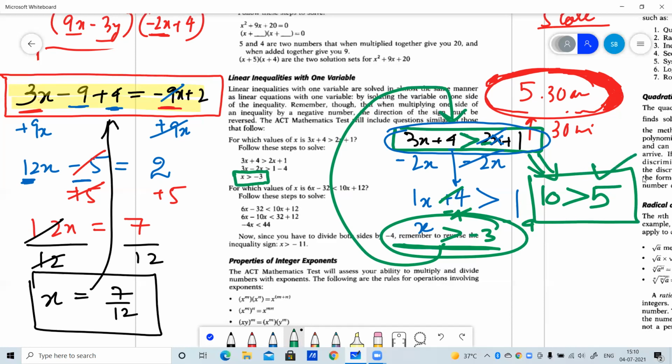Yes, that's right. Now, can you give me some number which is less than -3 and plug it in there? -4. So can you plug in -4 into this inequality and tell me? 3 times -4 is -12, plus 4 is -8.